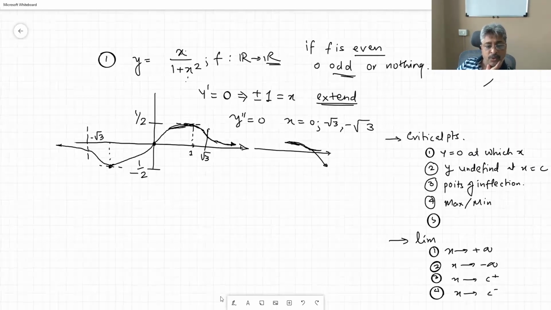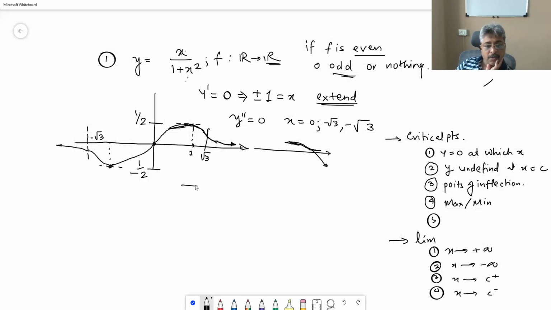Then you are supposed to do at least two derivatives. Find y dash. Find y double dash. Now find y dash, find y double dash will only give you some of these critical points. So these are the procedures. Extend.